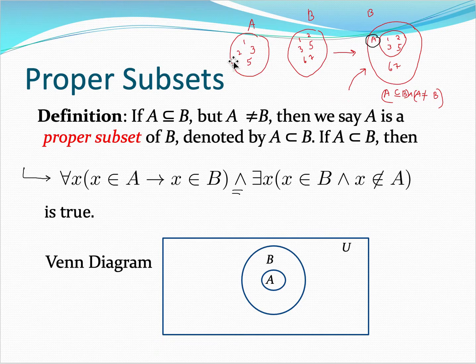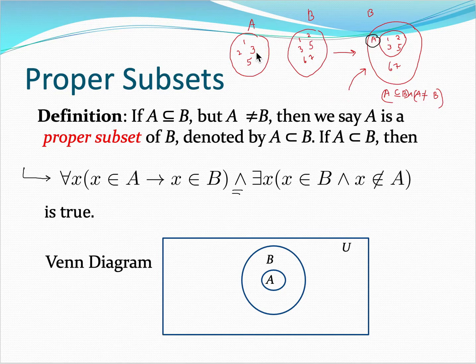If we have a look at the example, let's say we have elements 1, 2, 3, 5 in set A, and in set B we have 1, 2, 3, 5, 6, 7. If you notice, in set B we have 1, 2, 3, 5, which are the same as the elements in A, but in B we also have 6 and 7.